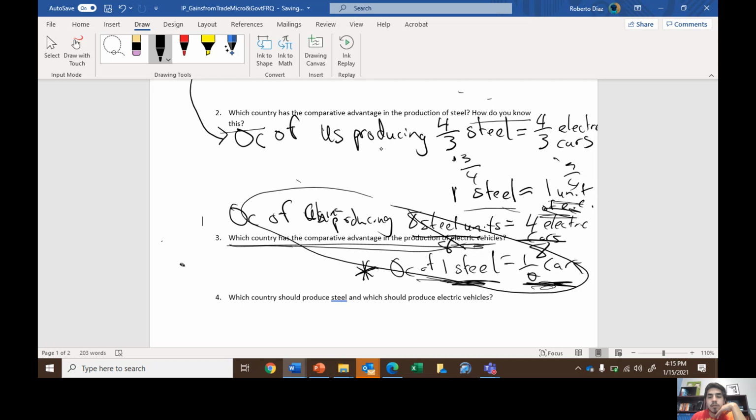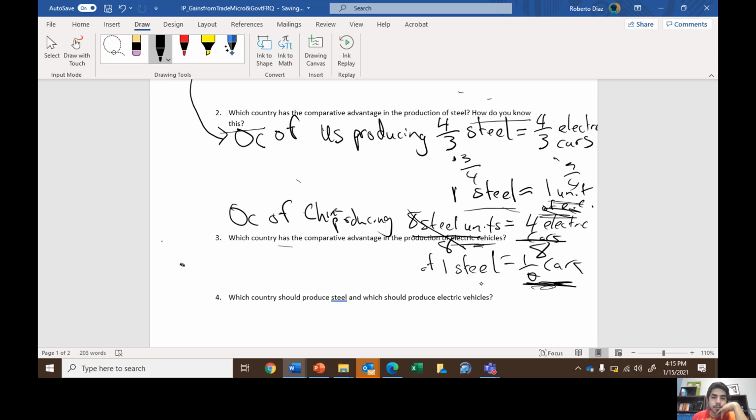China has the comparative advantage in the production of steel because they have the lowest per unit opportunity cost of producing steel. The United States has the comparative advantage in the production of electric vehicles. Your rationale for that could be because China has the comparative advantage in the production of steel, or you can be more specific and say because the United States has a lower per unit opportunity cost of producing electric vehicles.